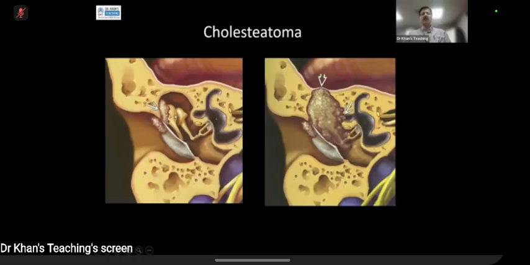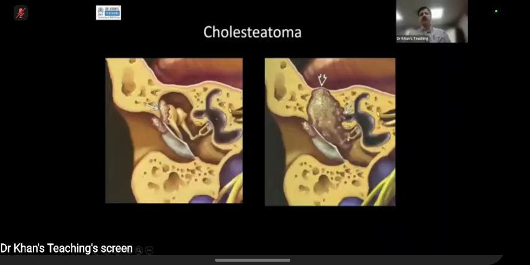But then there can be pars tensa cholesteatomas also. It can be in other parts of the middle ear cavity. They can be very large. Look at this example where it has eaten up everything. And look at this tegmen tympani, which is eroded. Lateral semicircular canal is eroded. It can erode the facial nerve canal.